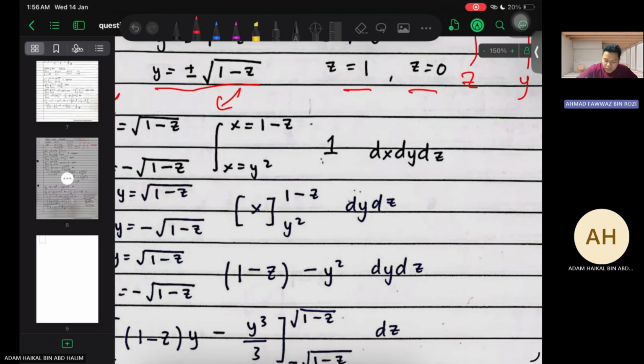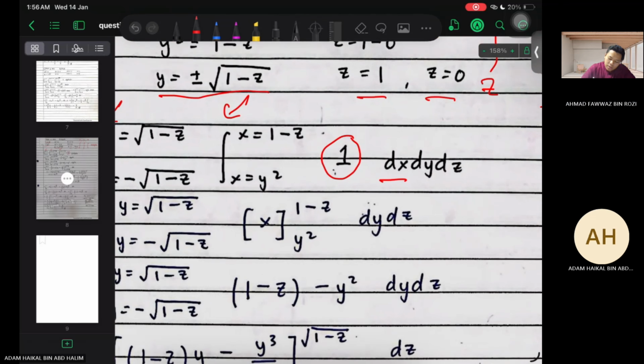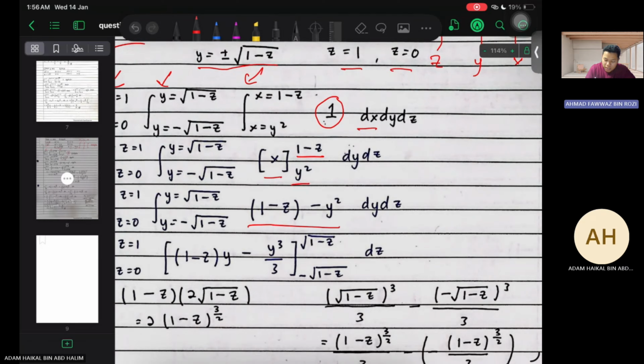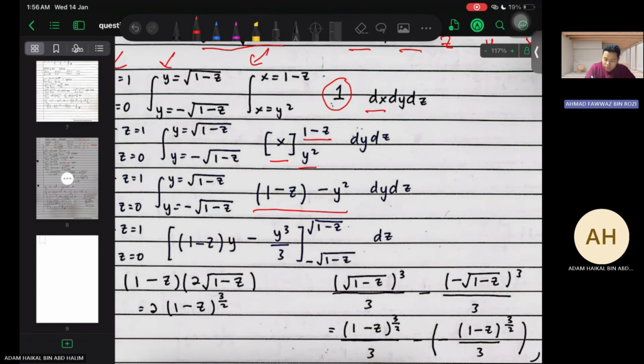First we must integrate x. The integrand is 1 because there's no variable there, so we integrate 1 with respect to x and it becomes x. We put in 1 minus z and x equal to y squared, and we get 1 minus z minus y squared, and we must integrate y.